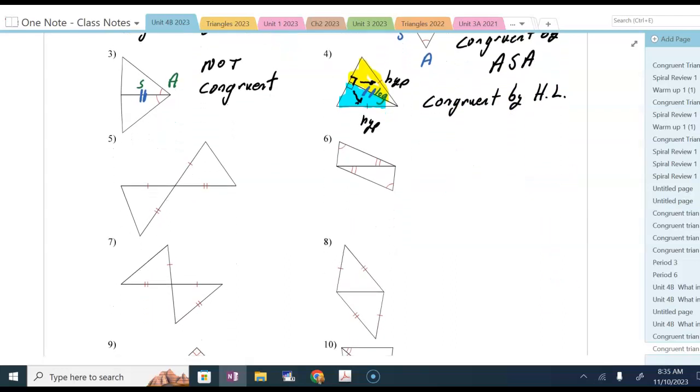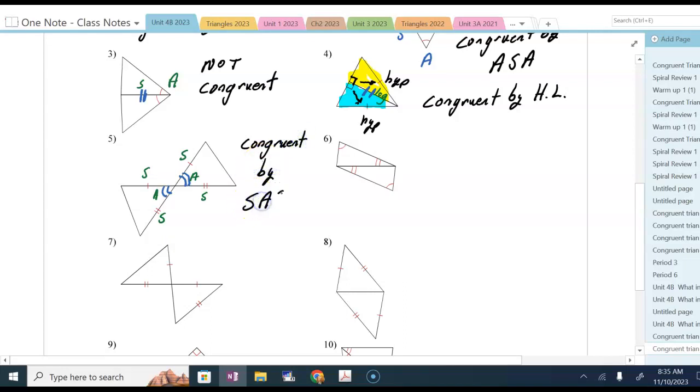Taking a look at problem number 5, we're going to mark the vertical angles. So in the triangle on the left, we have a side, the vertical angle, and the side. And then in the other triangle, we have the side with 1 tick mark, the angle, and the side with 2 tick marks. So these are congruent by side, angle, side.